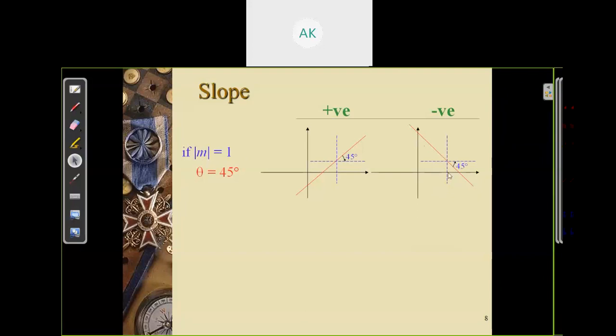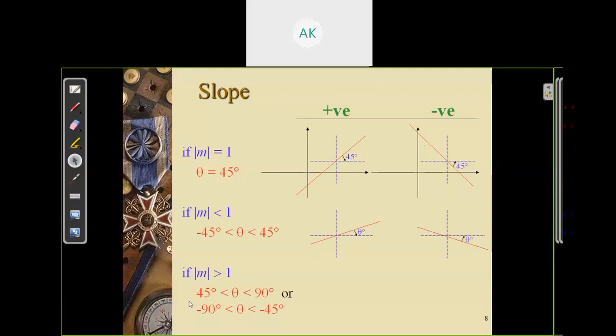And in the negative direction, the value of your m will be negative 1. If the angle is between minus 45 and plus 45, the value of slope will be less than 1. And if your m is greater than 1, it means the angle is greater than 45.